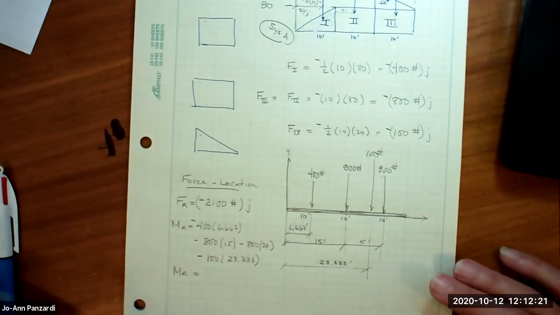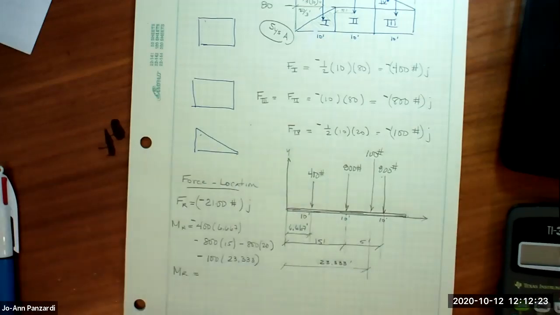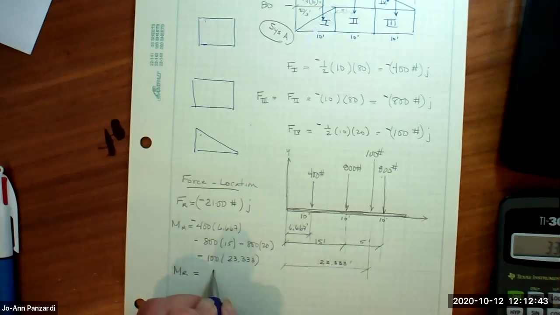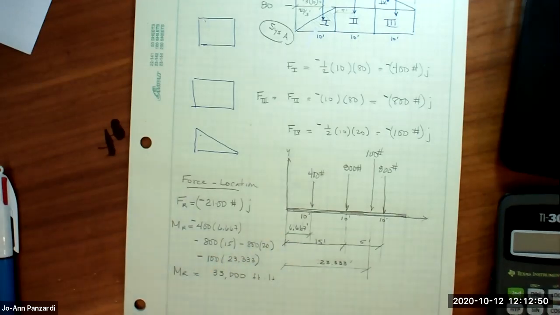Let's calculate it. I got 33,000 foot-pounds, but I'm going to check it. 400 times 6.